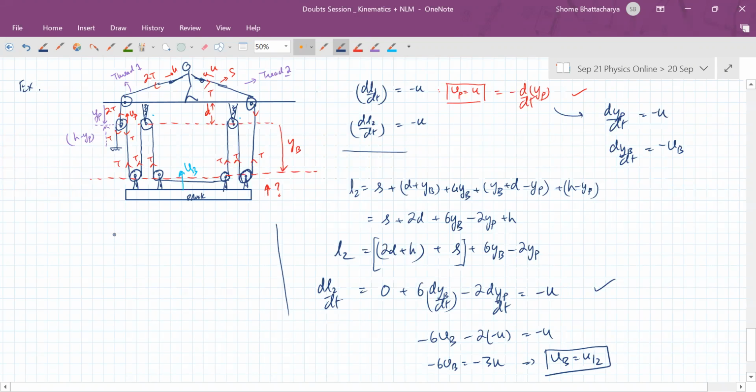Sir, can't we do it with pulley constraint? Just hang on a minute.